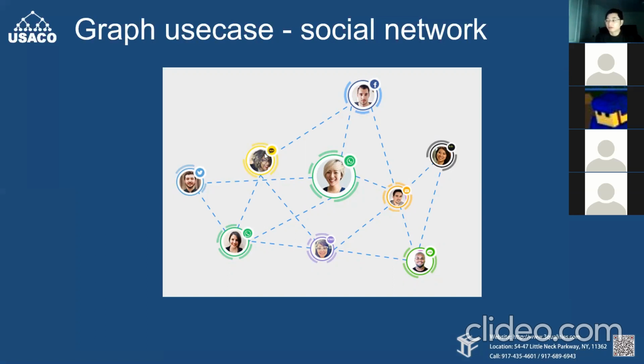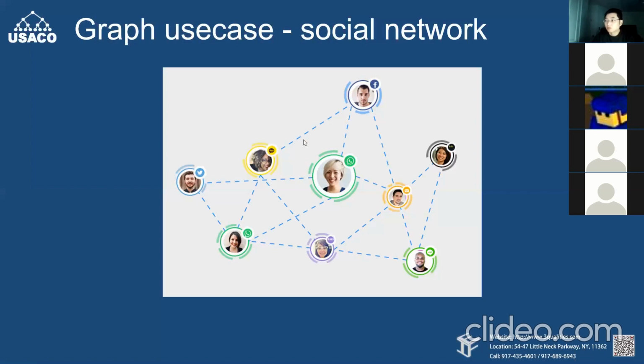What does it mean? Suppose I'm this guy, and on Facebook I want to connect with or know this girl. She is not a direct friend of mine. How can I reach her?